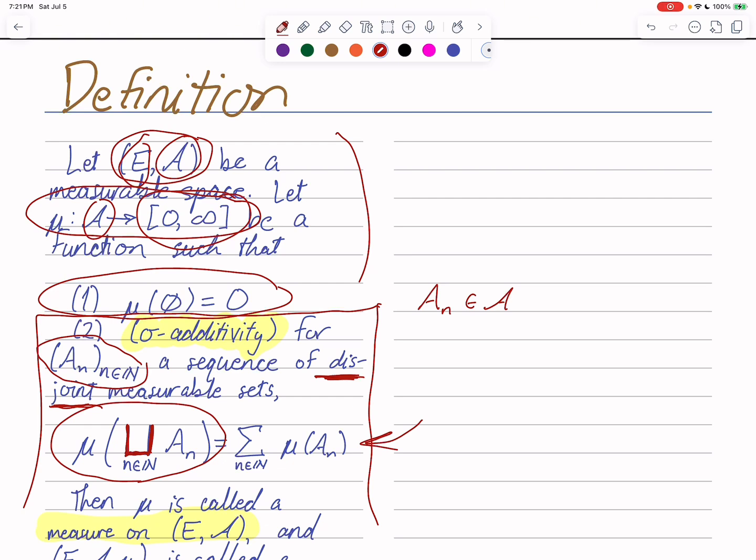It's a nice feature, at least I like it. Not everybody uses it, but I like it. So I'm going to use the square union symbol to denote a disjoint union. And so sigma additivity says that whenever you take the measure of a disjoint countable union, you get the same thing by instead summing the individual measures of each individual set. So that is sigma additivity.